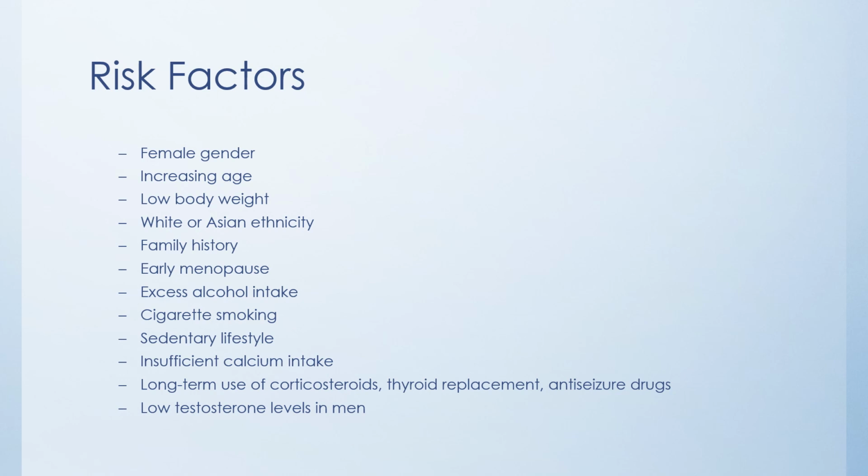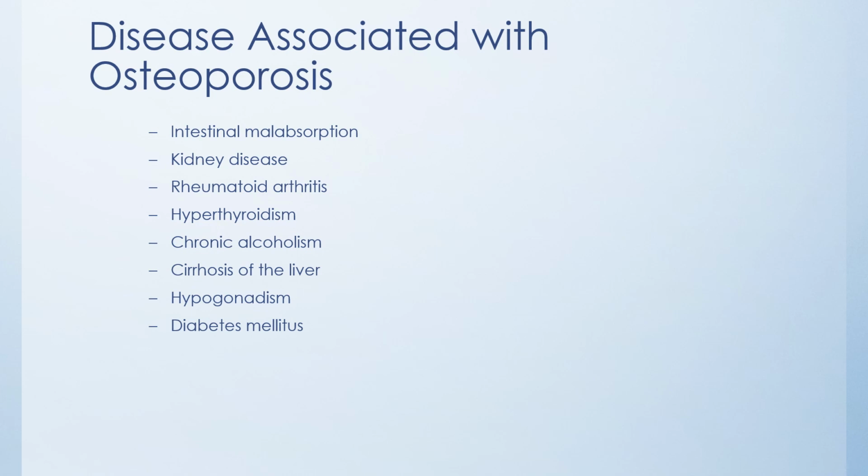And in men, low testosterone levels can cause or put you at increased risk. So there are some diseases that just put a person at increased risk. If they have one of these diseases, we're going to be watching for osteoporosis also.